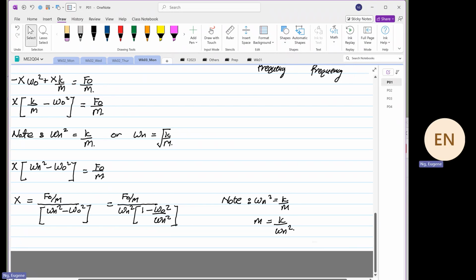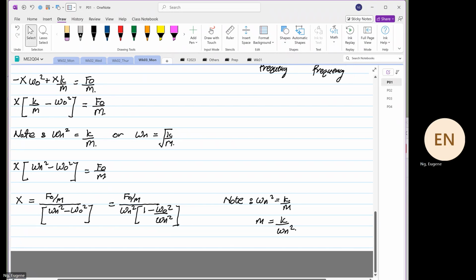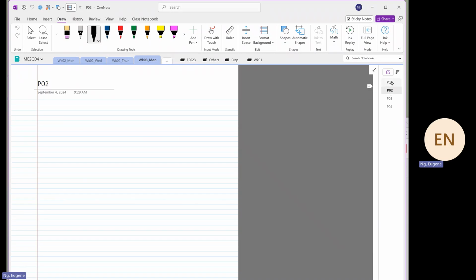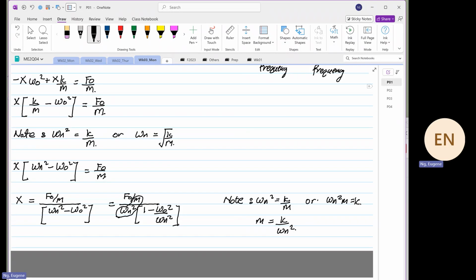Or you can also have omega n squared multiplied by m is equal to k, right? So if we were to gather this term together, our final expression will be equal to, I'll let you guys finish copying first.